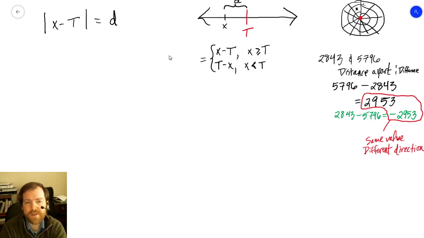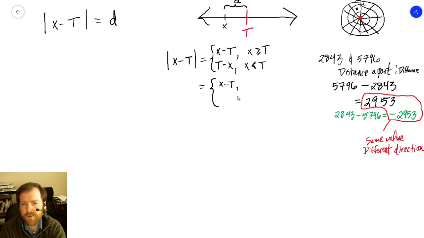Okay, and this is the definition of the absolute value of x minus t. Now I like to change it just a little bit so it looks a little bit nicer, and this will align more with what you all probably have done in your math classes in high school, probably even colleges.